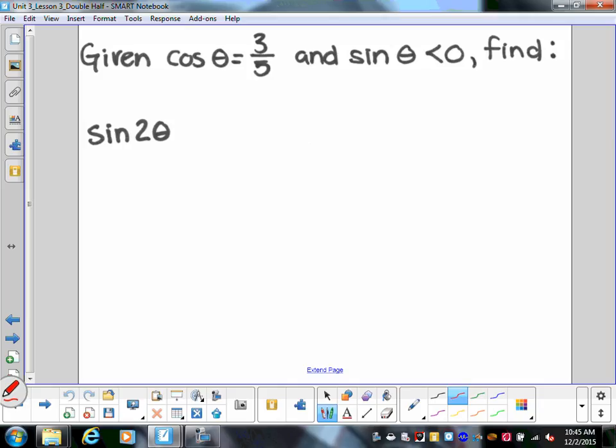There's 3 for cosine, 1 for tangent, 1 for sine. So I choose sine. So I want to know what the sine of 2 times the angle is. The A in our example is theta.